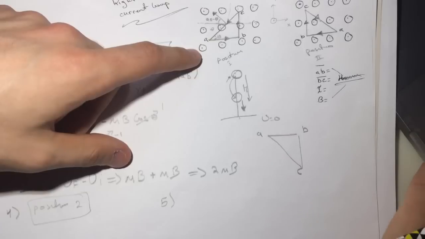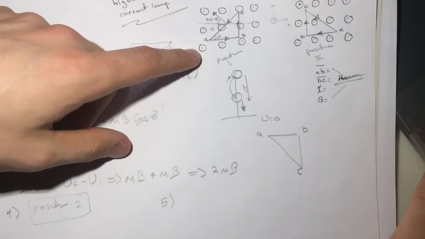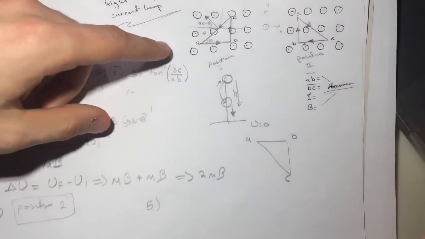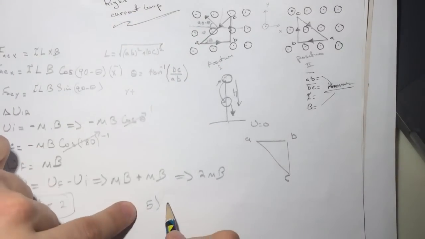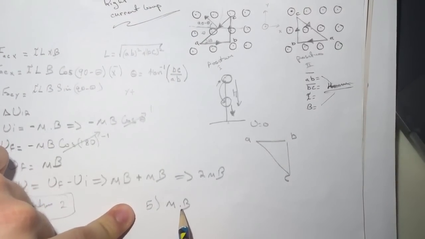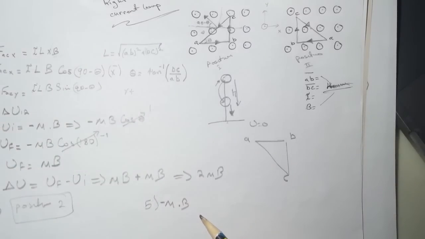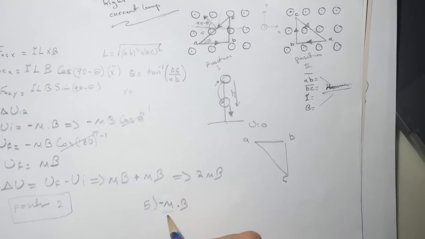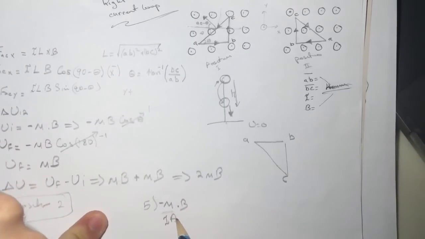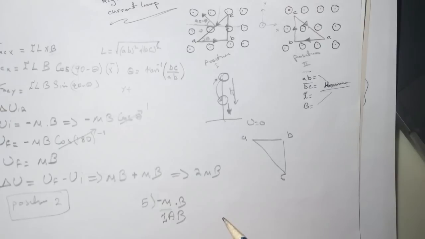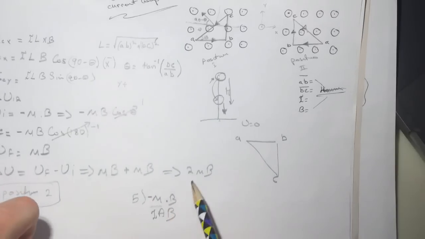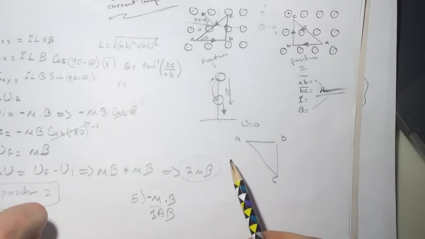And they're asking about the potential energy, the same thing. If you look at the equation, it's minus μ dot B, right? None of them depend on the way it's going to turn. It just depends on the dipole moment, the area, which is IA times B. So it doesn't depend on anything, so the answer you're going to get here is the same.